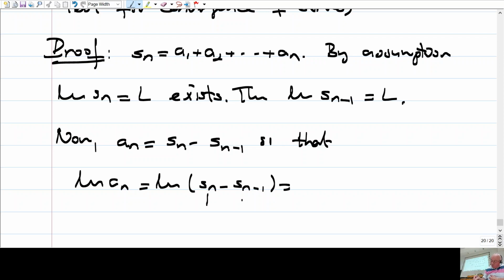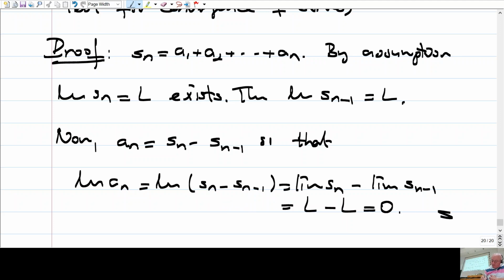But this is convergent and this is convergent, both of them, and they have the same limit. So the difference is convergent. This is the limit of S_n minus the limit of S_(n-1). So this is just L minus L, which is 0. And that proves the theorem.